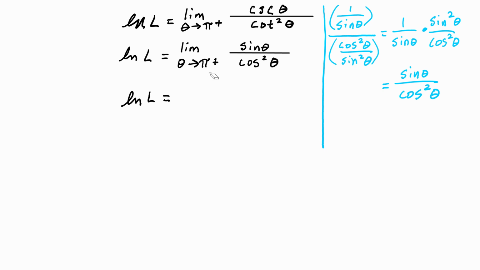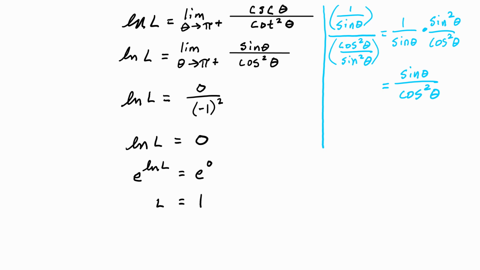We can take pi, plug it in for theta, sine of pi is equal to 0. The cosine of pi is -1, and we have to square that. So now we have the natural log of L is equal to 0. We need to do the exponential to undo the natural log. So we have e to the natural log of L is equal to e to the 0, which means L is equal to 1.